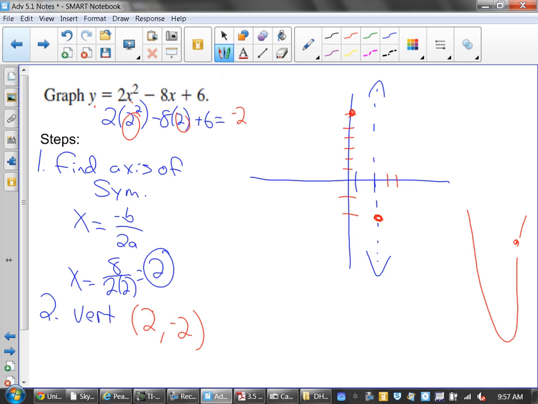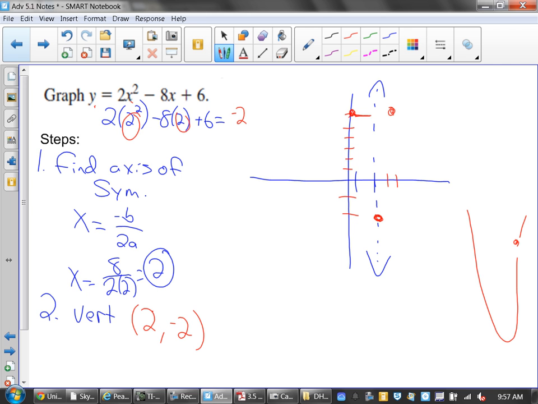And 0 is how far away from the axis of symmetry? So if I go 2 more this way, it would be at 4 and 6, because remember, parabolas are symmetrical. That's why that works. Mr. Mayor, I don't understand the second part of that. I understand how you got the first part. How far away is 0 from 2? Then go the other way. What's 2 more than 2?